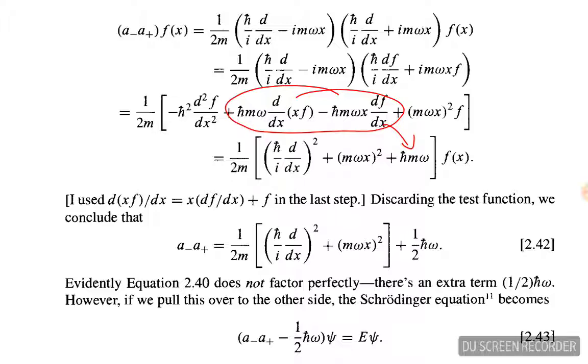So we have h bar m omega, the derivative of x times the function, minus h bar m omega x times the derivative of the function. So it is those two terms that really contribute to this extra term being present. So that's how we got that extra term out in there.